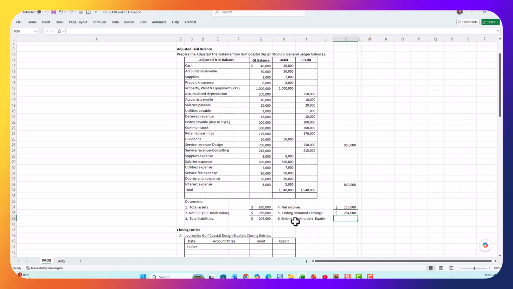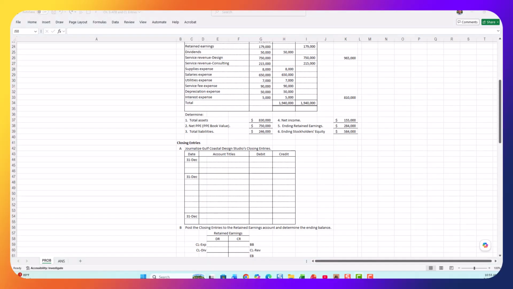The ending stockholders' equity will always be the common stock amount plus the ending balance in retained earnings. Common stock is $300,000 plus our ending retained earnings balance of $284,000 equals $584,000. Hold on to these 6 numbers. We're about to prove 2 of them with closing entries themselves.